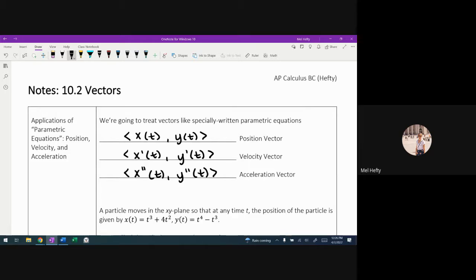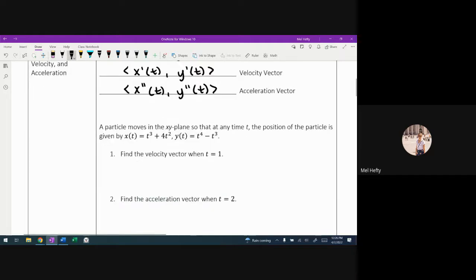So we've got a particle moving in the xy plane. We've got the position of that particle, and it's given by these two equations here, both in terms of t. Here we're really feeling that t equals time kind of vibe. So we're going to find the velocity vector when t equals 1. The first thing I'm going to do is find v of t by taking a derivative.